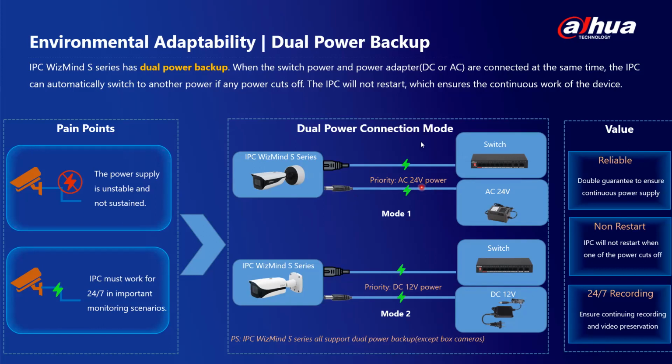The value generated from this dual power connection mode is reliability, with no restart, and it keeps the cameras doing their usual functions, recording 24 hours, 7 days a week, around the clock.